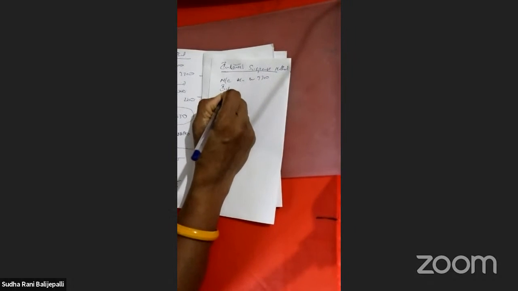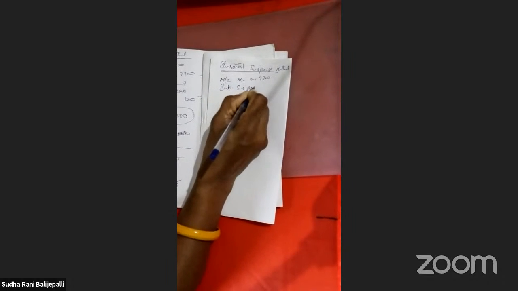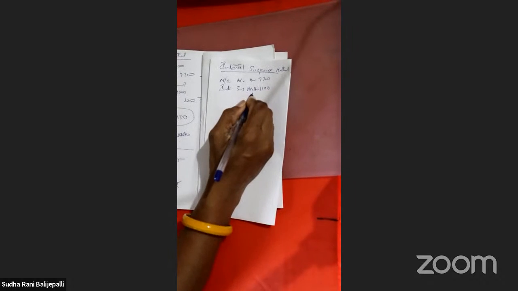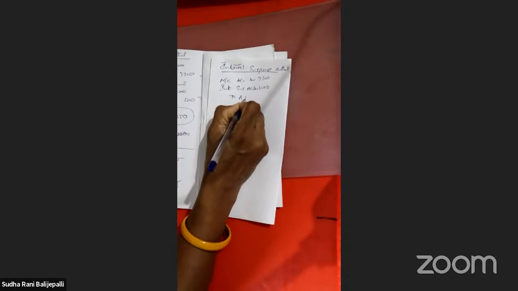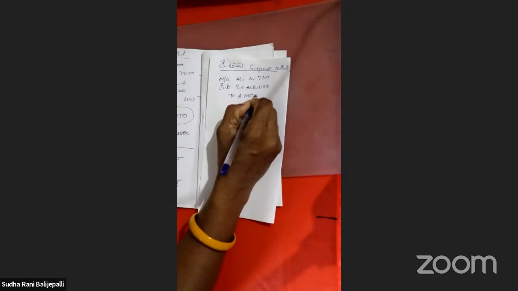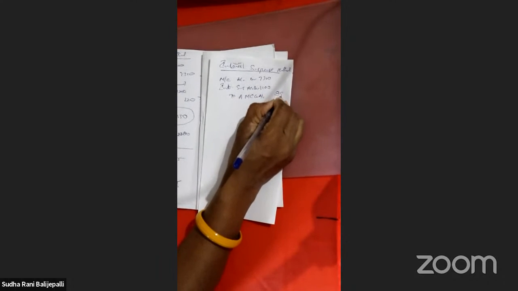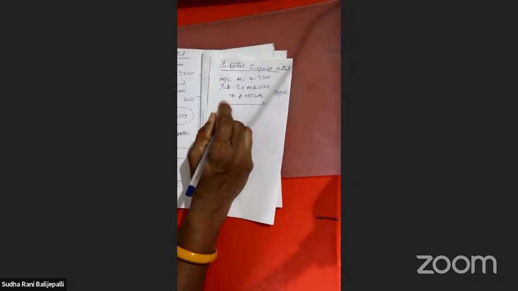Interest suspense account debit, total interest 1100. To AMC company, Automated Machine Company Limited account, 8,800. Okay, for hire purchase and for opening the interest suspense account.